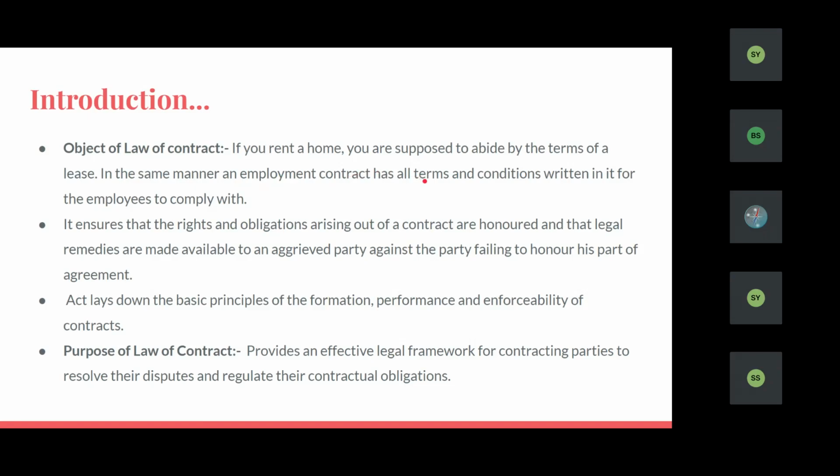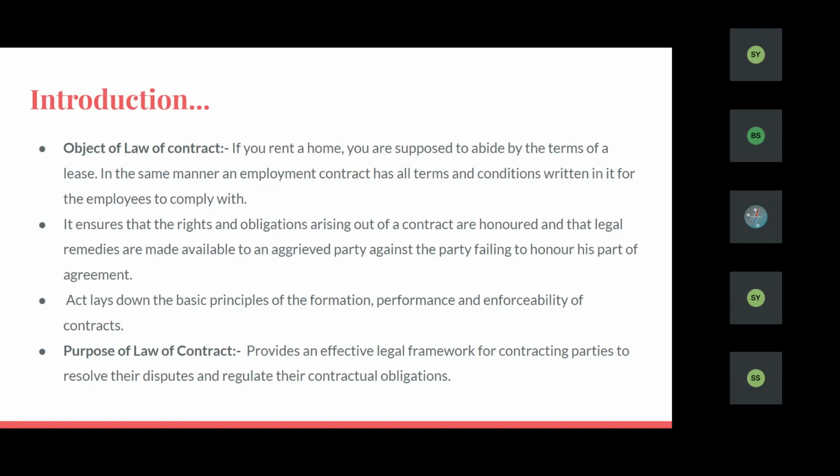There the employer, the person who is providing this job, will already have an agreement. They'll make you understand all the terms and conditions, like at what time you're supposed to be in the office premises, what sort of work will be provided to you, what will be the salary, what will be the perks. All these things will be included in that contract.